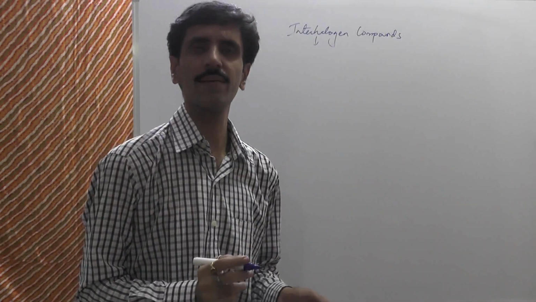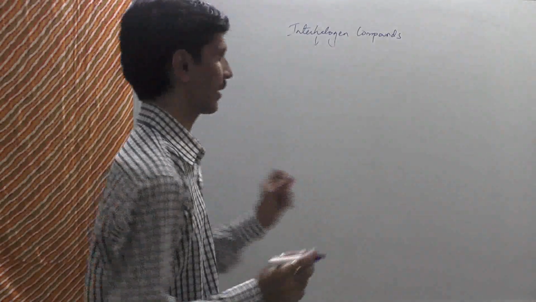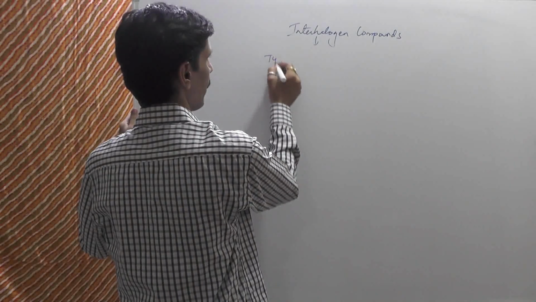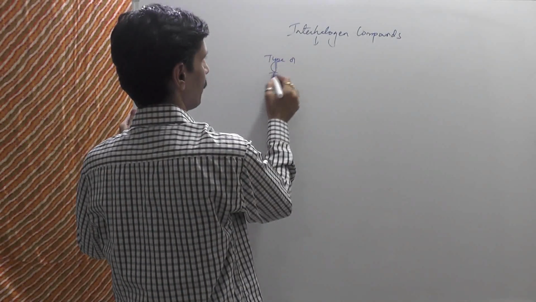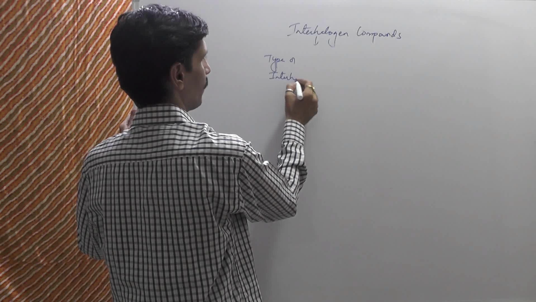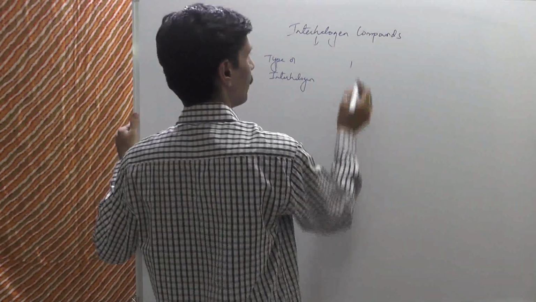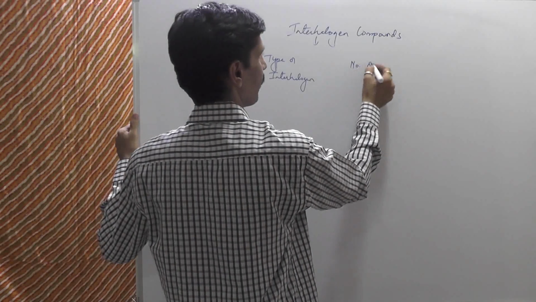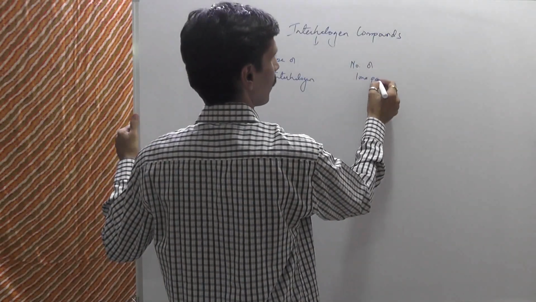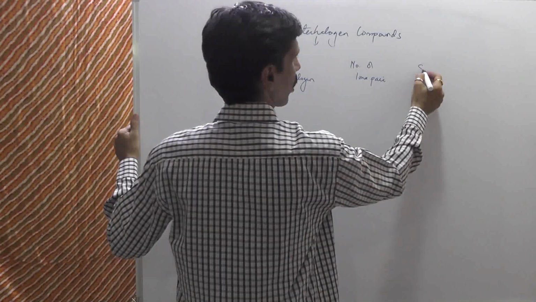With respect to the structure, friends, I want to tell you one more relation, and that is, when you talk about a type of interhalogen, then we talk about the number of lone pairs, and then we talk about the shape.